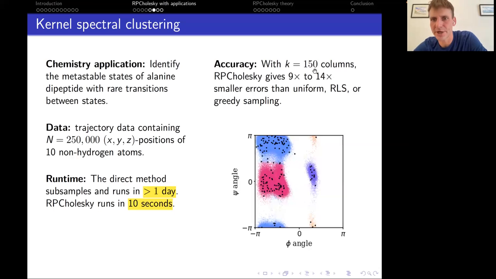And with k equals 150 columns, it's not only forming a very nice approximation of the kernel matrix, it's giving 9 times to 14 times smaller errors than uniform RLS and greedy sampling. This picture is the 4 clusters in alanine dipeptide. And it's a sneaky picture because you're clustering 30-dimensional data.